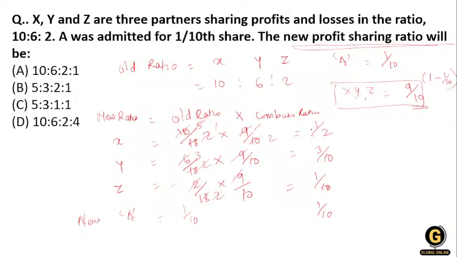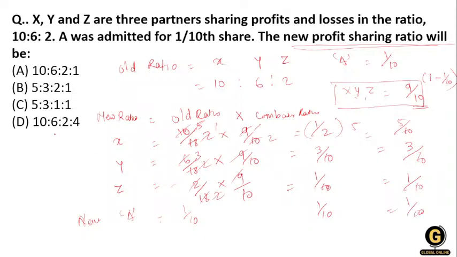For the first one, X, we have to multiply with 5. So this is 5 by 10, this is 3 by 10, this is 1 by 10, and this is also 1 by 10.